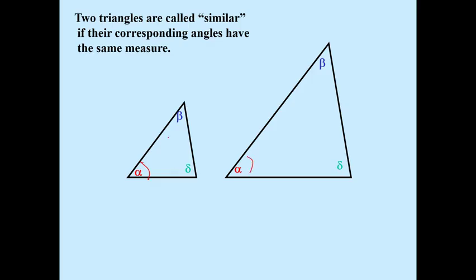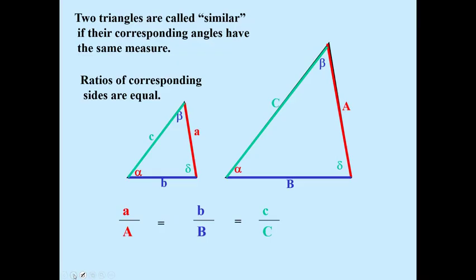Notice this, A and A, B and B. We'll call this one C. All right, C and C. And their sides, so we've got angle A, and little a, big A, the sides are proportional.